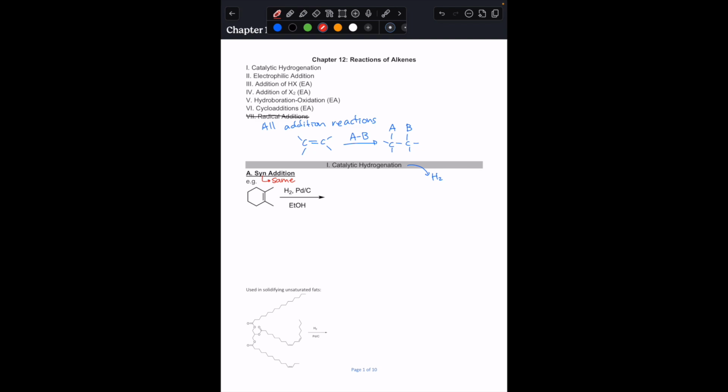And this is the typical setup. I want you to know a hydrogen molecule is usually a gas. Often these reactions are done with just a balloon filled with hydrogen gas attached to the reaction vessel. And then in the reaction vessel, you might have a solvent like ethanol or ethyl acetate. Those are fairly common. Palladium on carbon is the common catalyst for this.